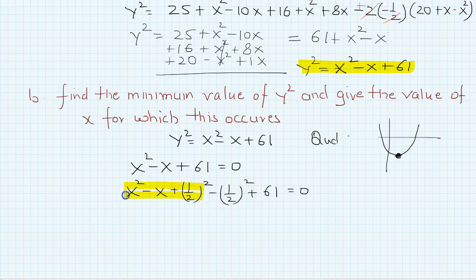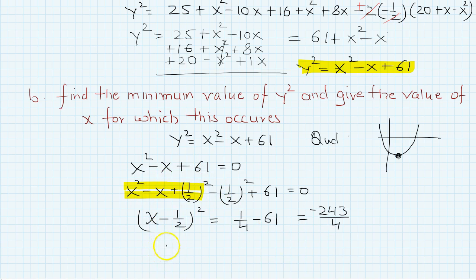Now this one is x minus half square is equal to 1 over 4 minus 61. That is equal to minus 243 over 4. That is a negative.